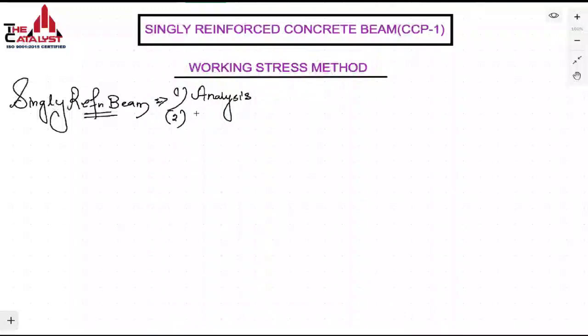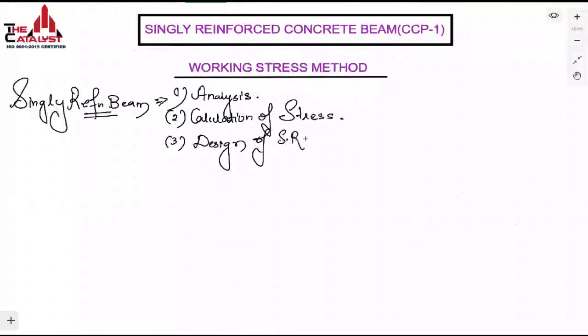Then the question can be the calculation of stresses. Third is the design of the singly reinforced beam. These are the three topics which can be asked. Now let's start with the analysis.